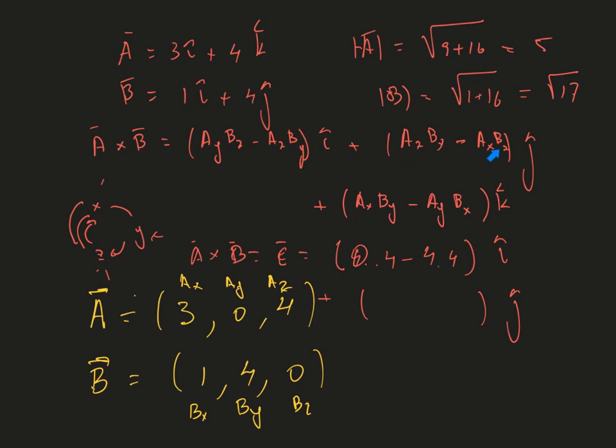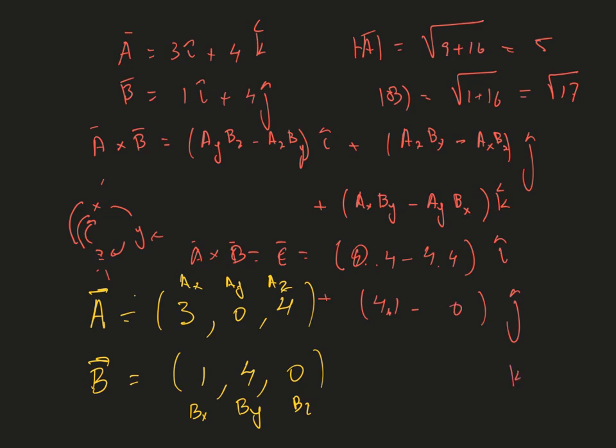Vx minus AX Vc. AC is 4, Vx is 1, so it will be 4 by 1 minus AX Vc. AX is 3, Vc is 0, minus 0.